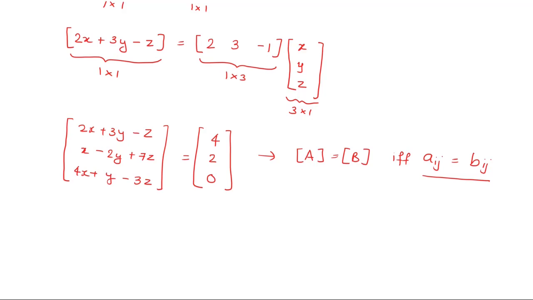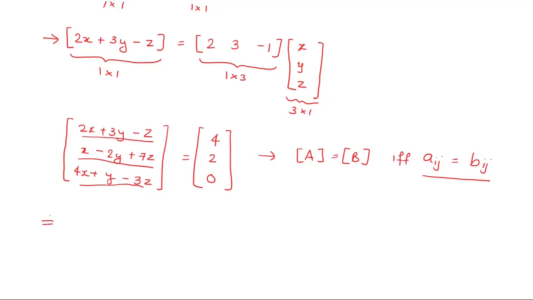Okay. Now, similarly to what we did here, where we took our 1 cross 1 matrix and decomposed it into a row vector and a column vector, we can take it component by component and decompose them into a row vector and a column vector.